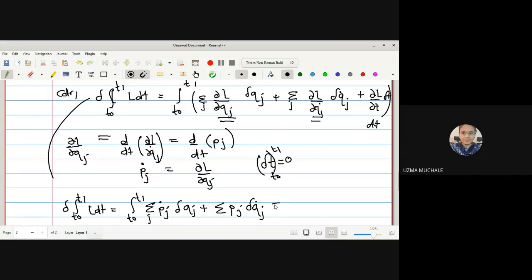Okay, so we have obtained this equation.